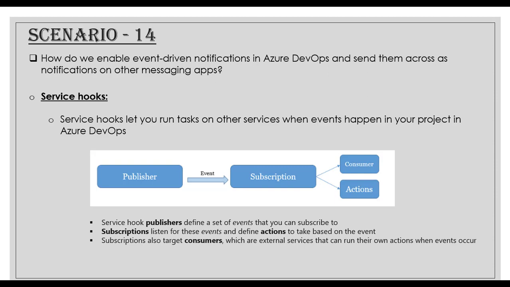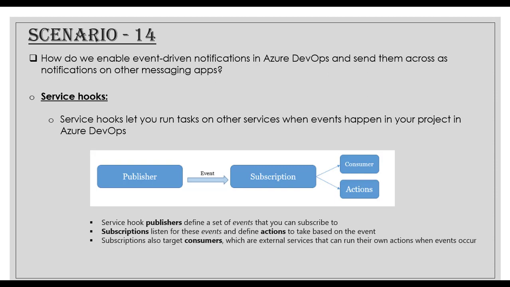That can be achieved using service hooks. Service hooks work on a publisher and subscription method. The publisher will define a set of events, the subscriber will subscribe to those events, and when the event occurs, the notification will be sent to that particular channel. Like in my case, I'm talking about Slack.